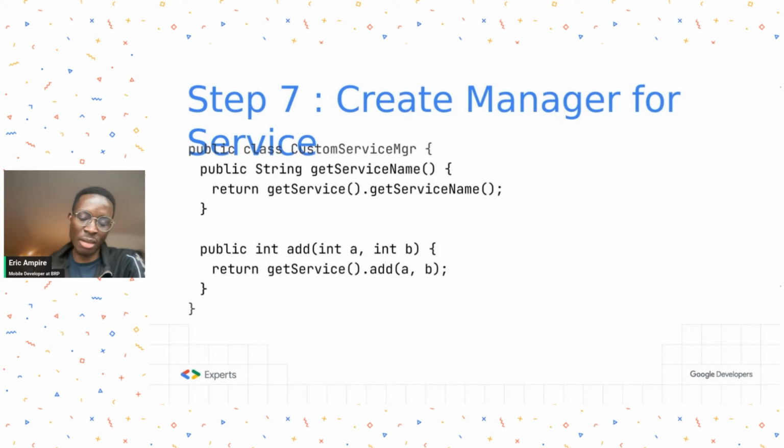Here you can see I'm just calling getService().getServiceName(), so I'm delegating this call to the service method. And the same thing here with my add method. The only thing I need to do is getService().add() by providing that information, and the service will do all the computation and return the results to the user.